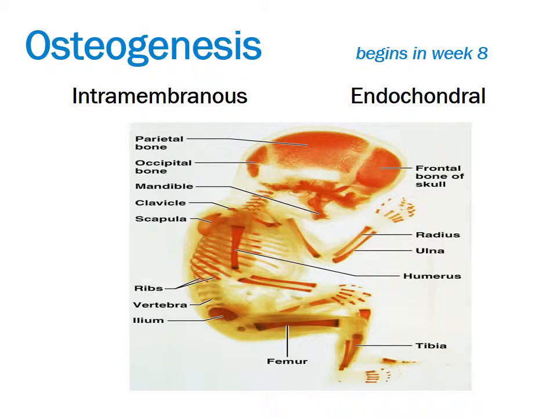Long bones form by endochondral ossification, while flat bones form by intramembranous ossification. If you look at the long bones of this colored enhanced x-ray, you can see diaphyses but no epiphyses.